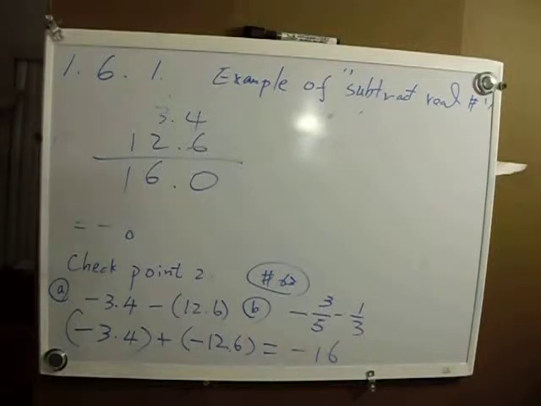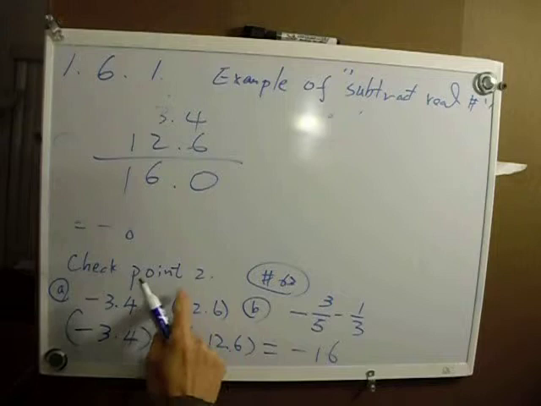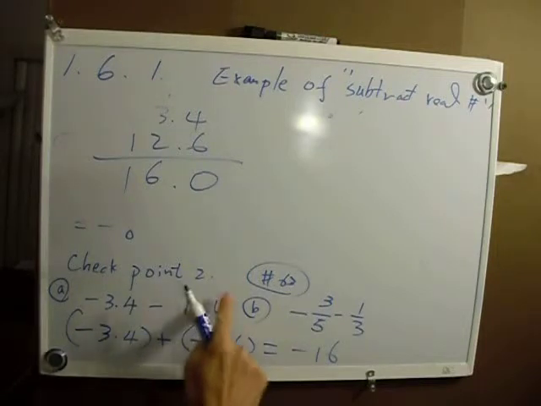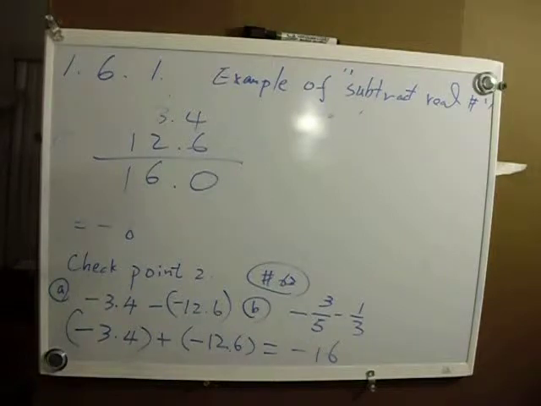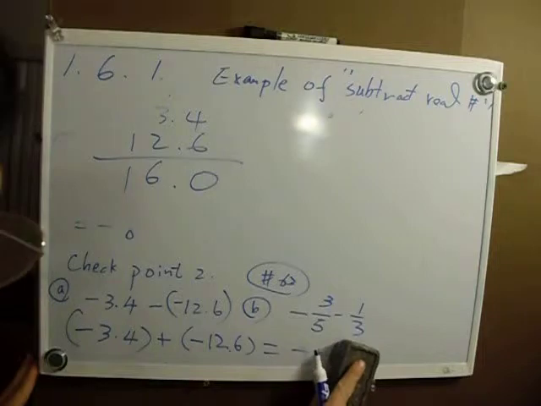Okay. Actually, this is not our Checkpoint number 2. In that example, we are subtracting a negative of this number, so negative 12.6. So for that example, let's redo it.